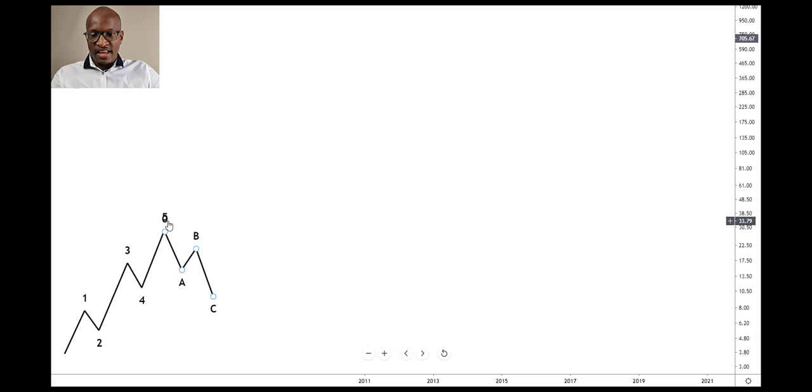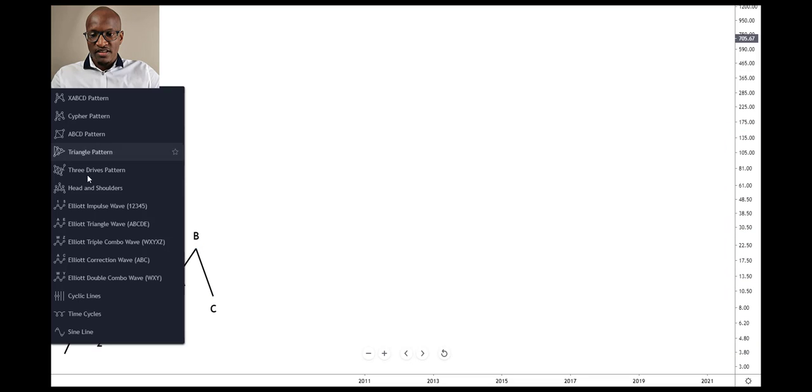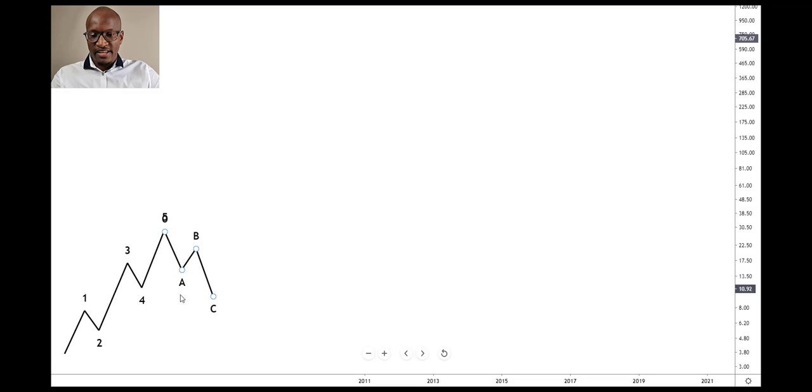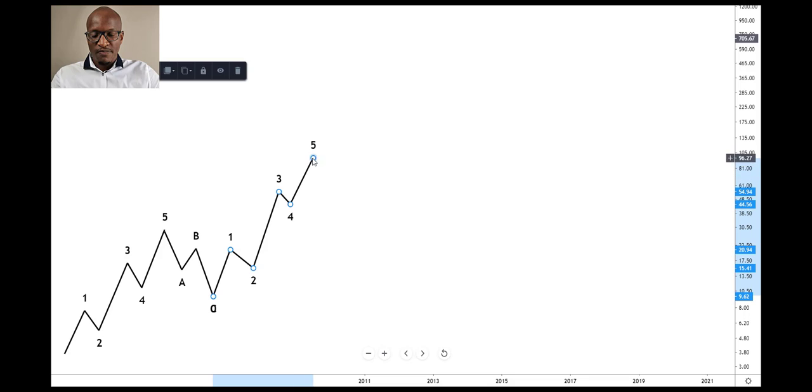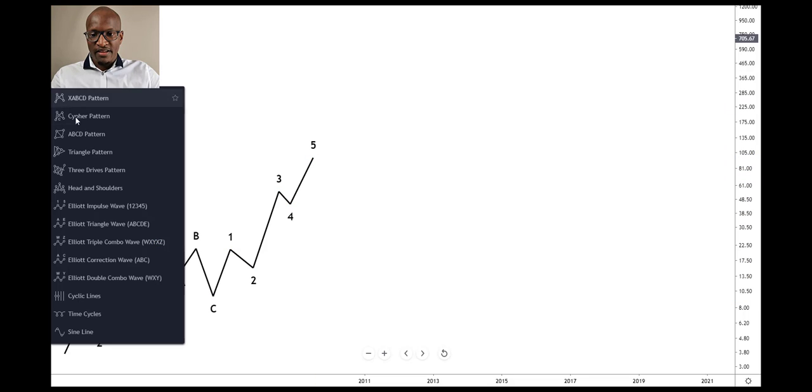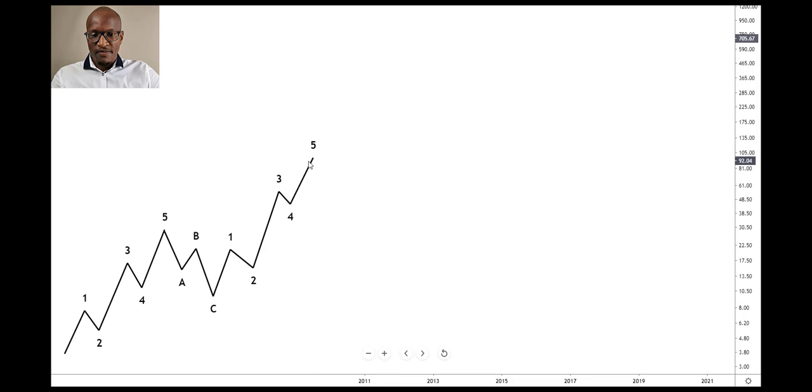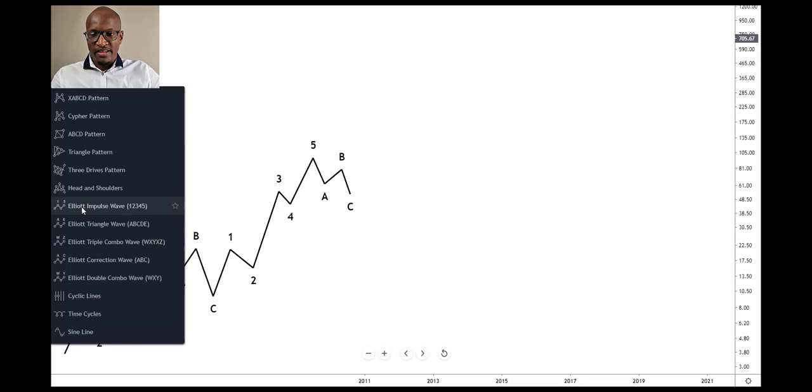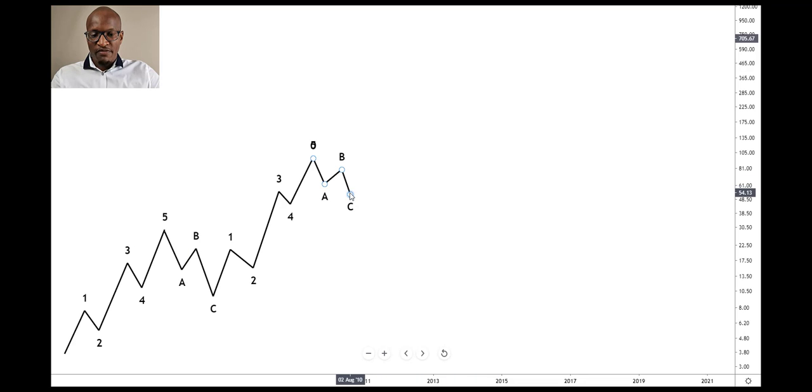After this 8-wave move, the market resumes its advance, making another 5-wave advance, followed by another 3-wave pullback. And then the market completes the cycle by making one last 5-wave advance.